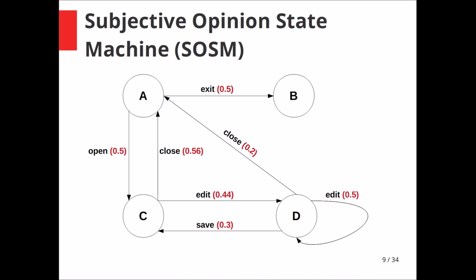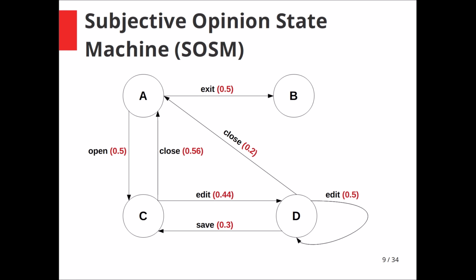Now, the shown finite state machine represents essentially a probabilistic state machine, where one could compute the probability for reaching some specific state by multiplying the transition probabilities alongside that path.